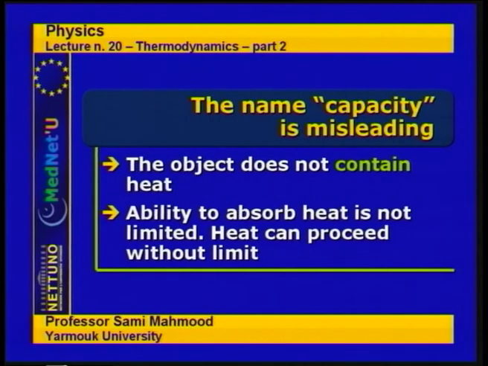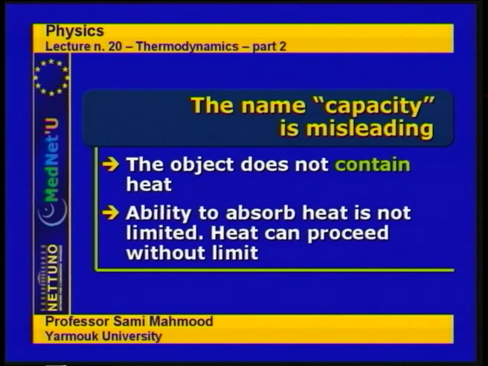However, this is also misleading because an object can absorb heat and its temperature can grow indefinitely. The temperature is open from above, as we mentioned. So there is no limit to the amount of heat that an object can absorb.